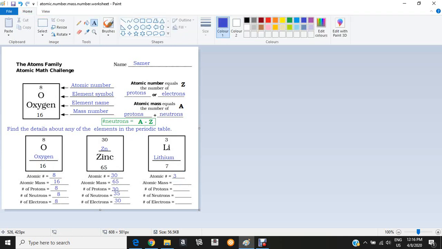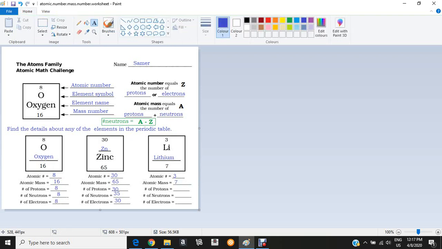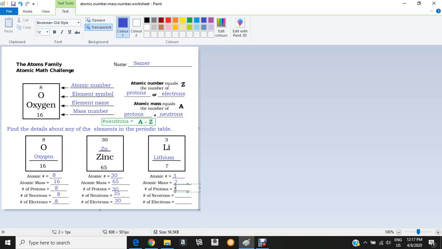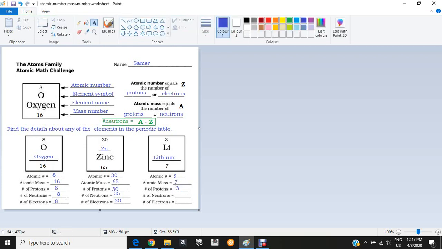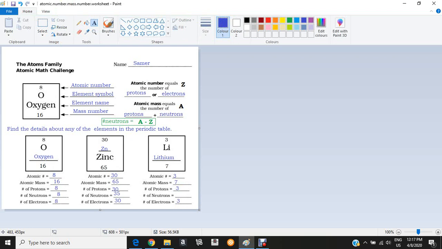And the atomic mass number is 7, and the number of protons is 3, same as the atomic number. The number of electrons is equal to 3, same as the number of protons, because the atom has an equal amount of protons and electrons. They cancel each other out, pluses and minuses.